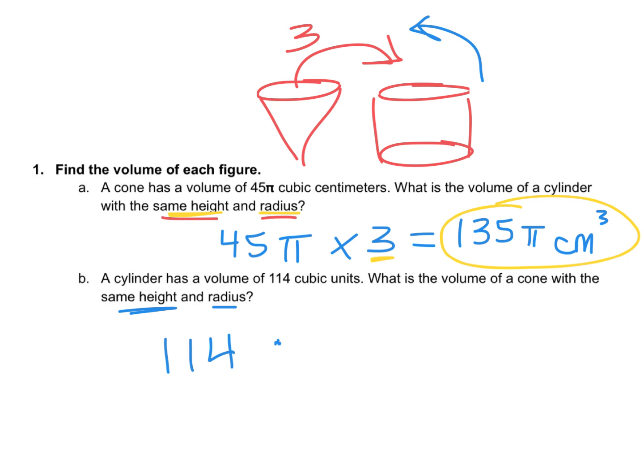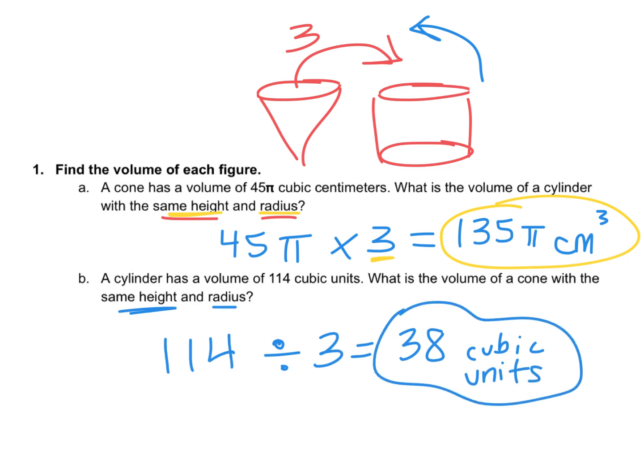So we would take the 114 and divide that by 3. 114 divided by 3 is 38. And our label just says cubic units, so I'm just going to go ahead and write cubic units. It didn't say anything about pi, so I just did straight up 114 divided by 3.